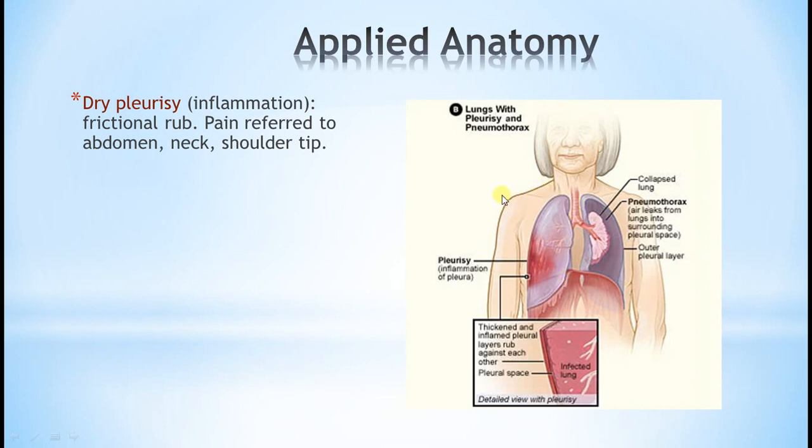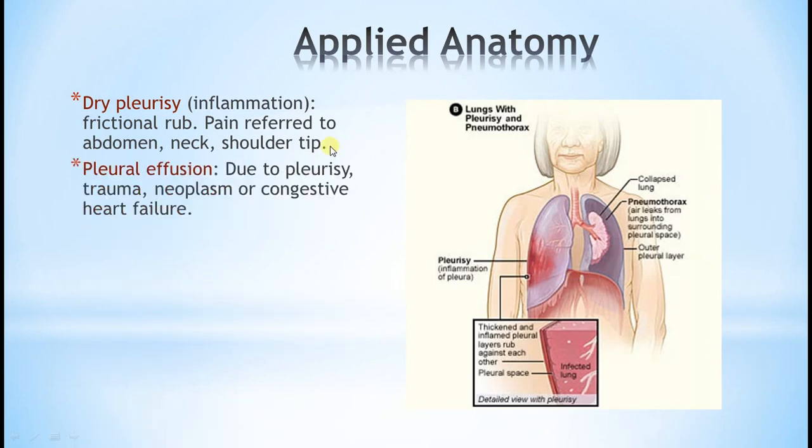The tip of the shoulder is again supplied by the supraclavicular nerve, which has again got the root value of C3, C4, C5. So these pain sensations may travel and present over the shoulder tip if the phrenic nerve is irritated because of inflammation of the mediastinal pleura or the medial part of the diaphragmatic pleura. For the lateral part, the pain is referred to the abdomen because the lower 5 intercostal nerves supply the anterior abdominal wall.